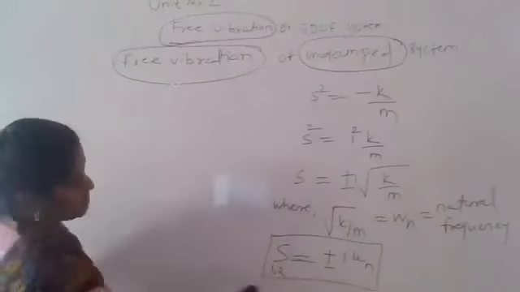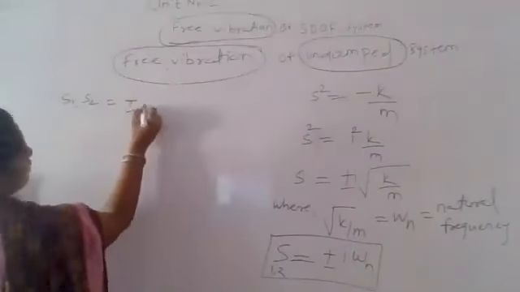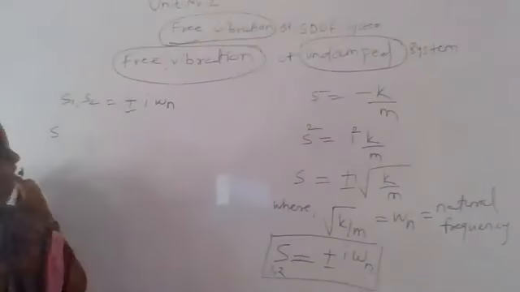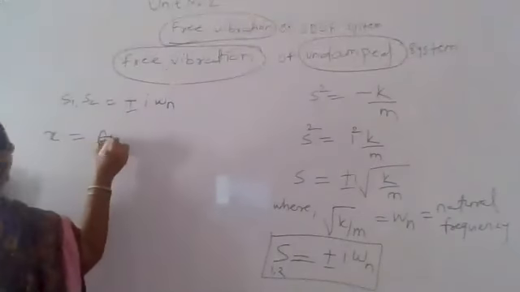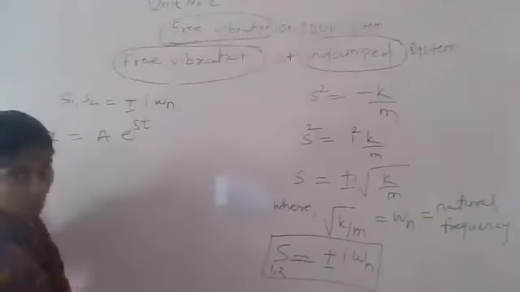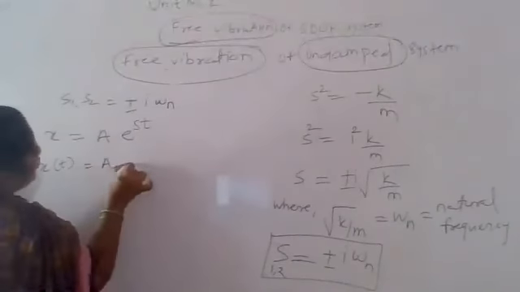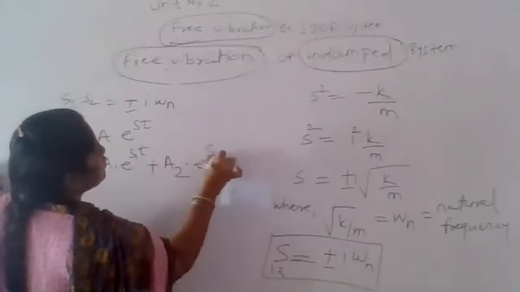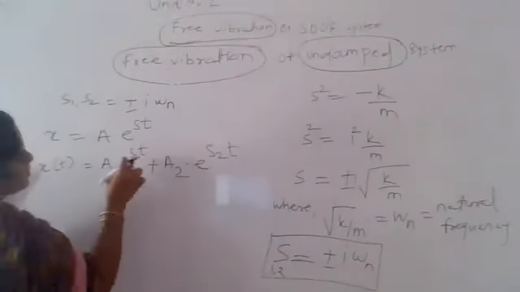This is the s1 and s2 value: s1 and s2 are equal to plus or minus I omega n. But already we know that we put x is equal to A into e raised to st, where s is s1 and s2. So x of t is equal to A1 into e raised to s1 t plus A2 into e raised to s2 t. These are the two roots of the equation, s1 and s2.